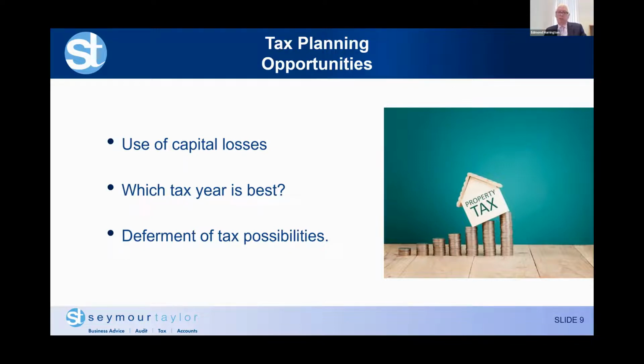Just briefly I'd like to mention the Enterprise Investment Scheme and the Seed Enterprise Investment Scheme. These are really good tax mitigation vehicles to consider if you have a combination of capital gains tax, income tax, and inheritance tax.